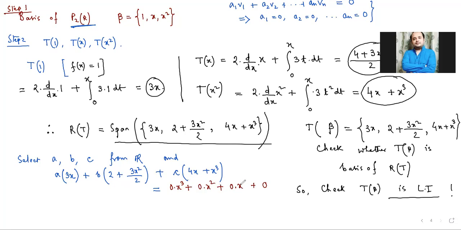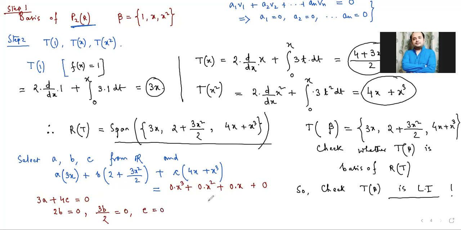3a equal to 0, so a equal to 0. Another equation we get is 3a plus 4c equal to 0. Another equation is twice b, the constant, equal to 0. Then 3b by 2 equal to 0, and c equal to 0.